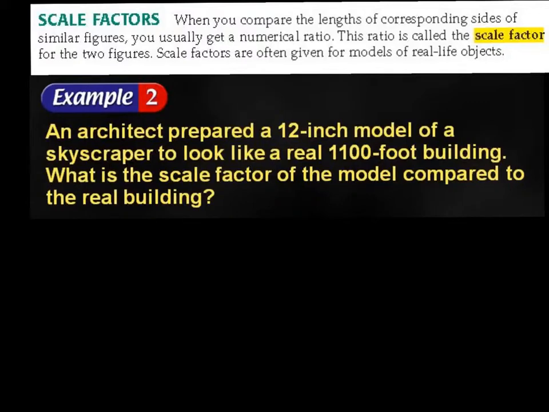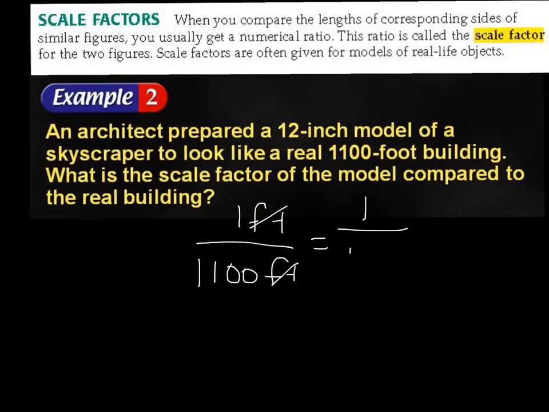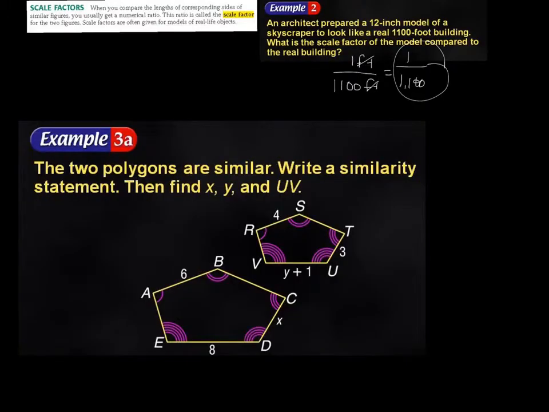Well, we know that 12 inches is the same as 1 foot. They gave us the actual building was 1,100 feet. The feet would cancel out. Anything divided by itself is 1, even units. So our scale factor is 1 to 1,100.